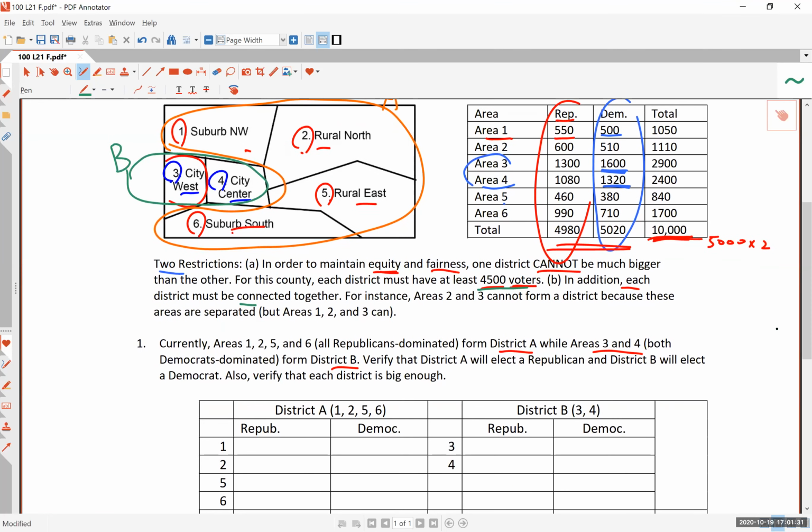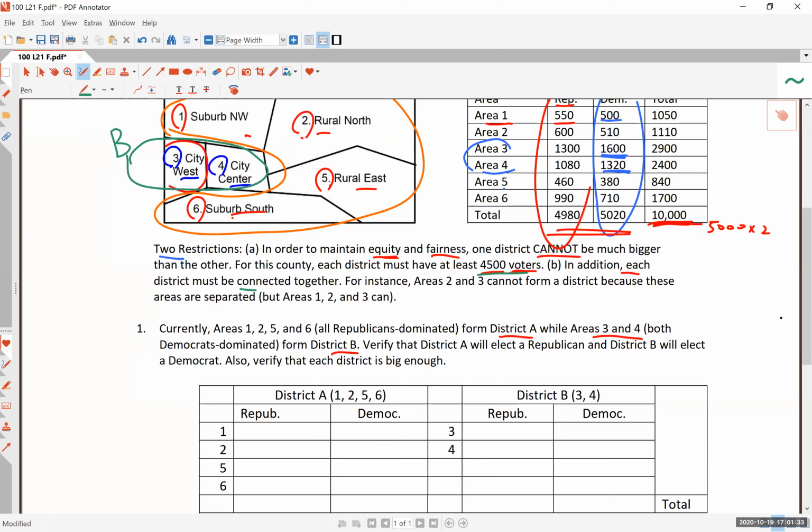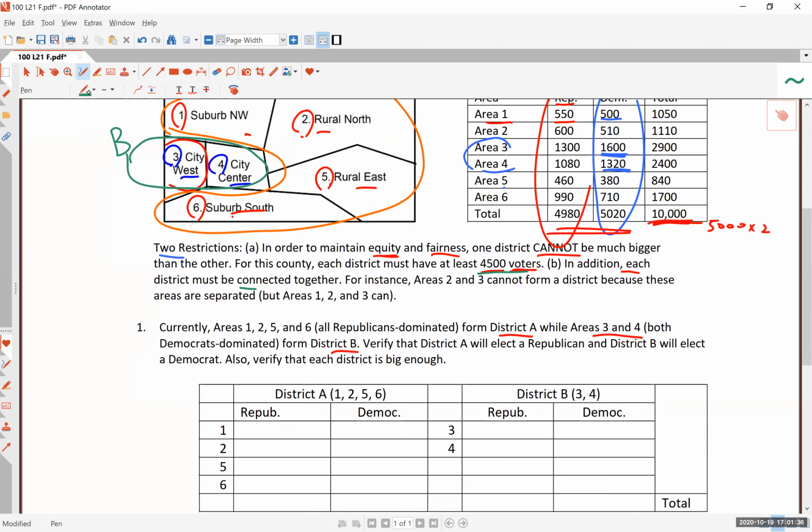Let's go ahead and write down some numbers in here. I'm going to use a neutral color, black, here. How many Republicans are there in District 1? It says red, and then the blue party, you have 500, right?